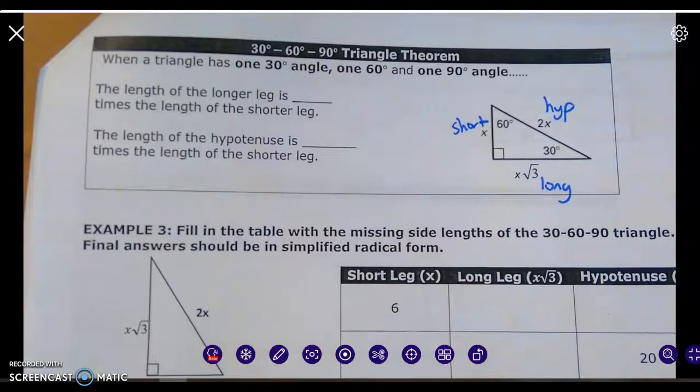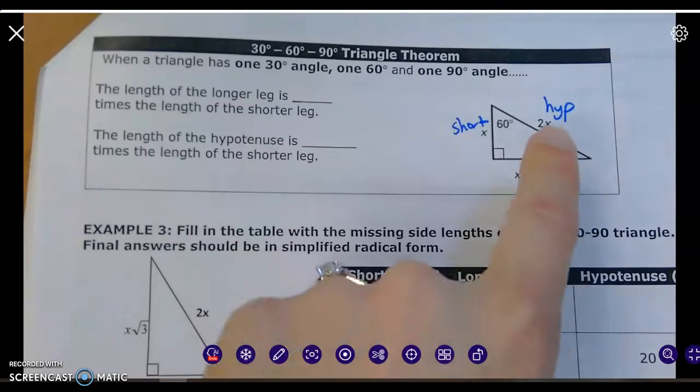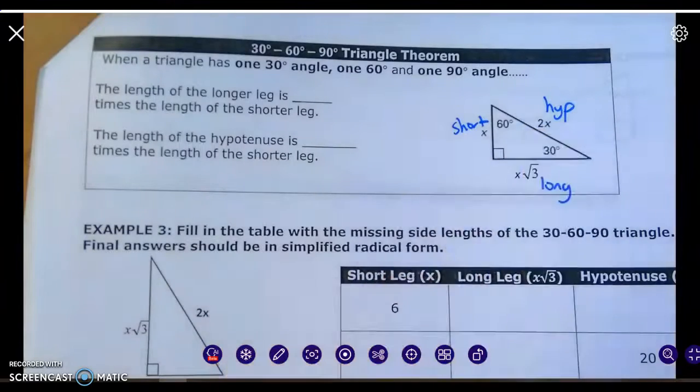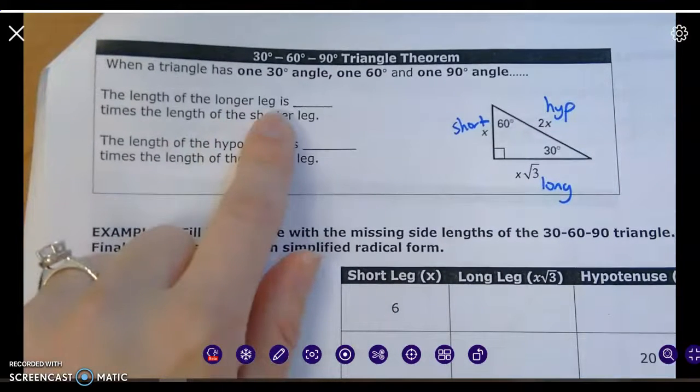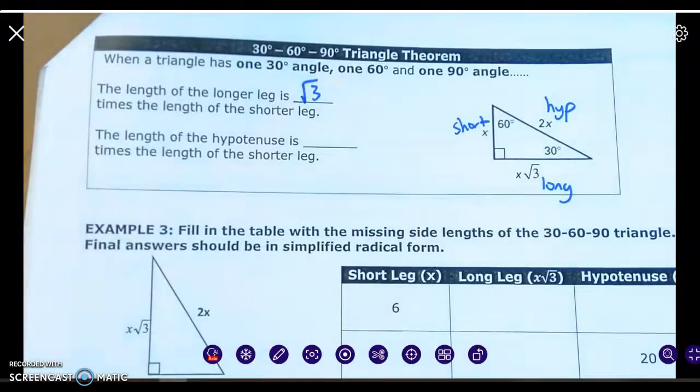Okay, so here's why this one's a little more tricky. Because we have a square root of 3 now, but we do have this 2, right? That doesn't have a square root on it. That's kind of nice. So the length of the longer leg is the square root of 3 times the length of the short leg.